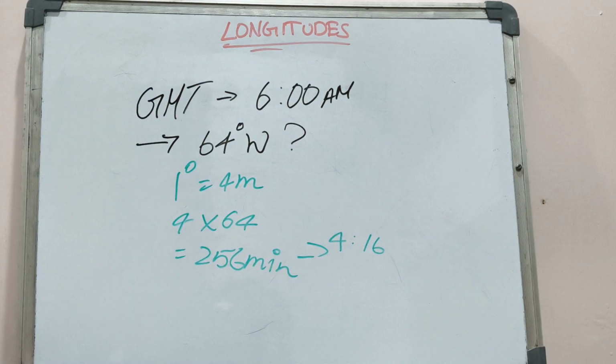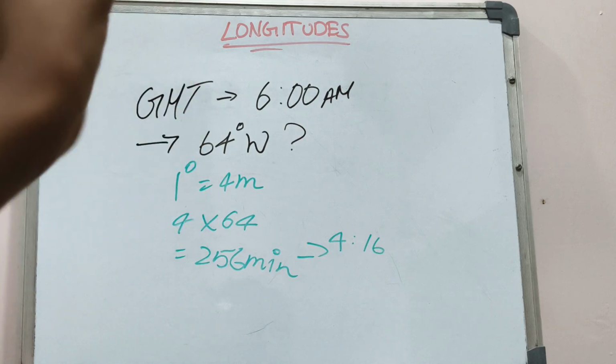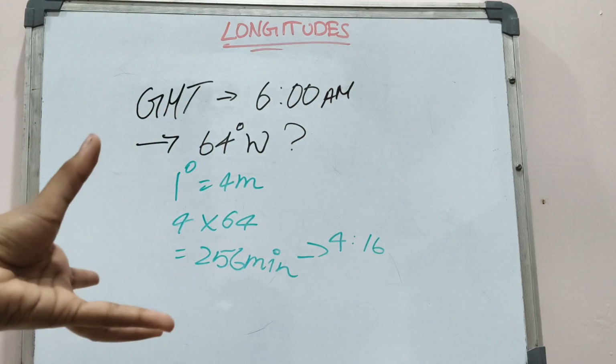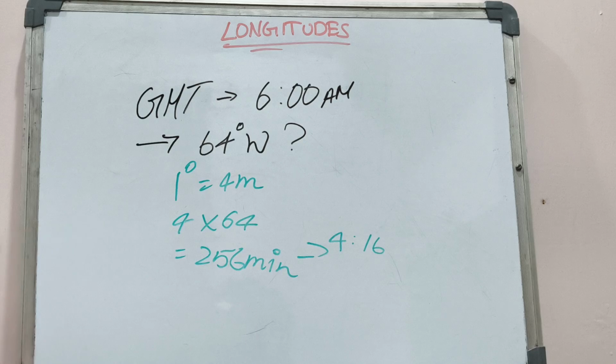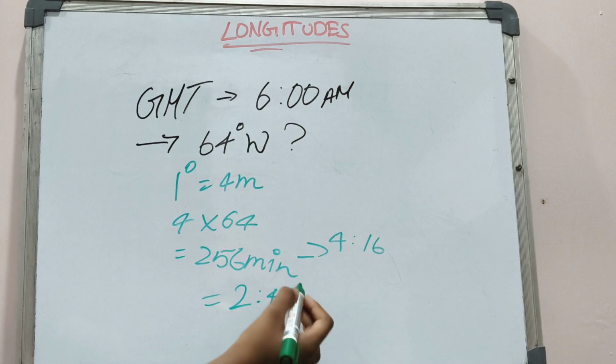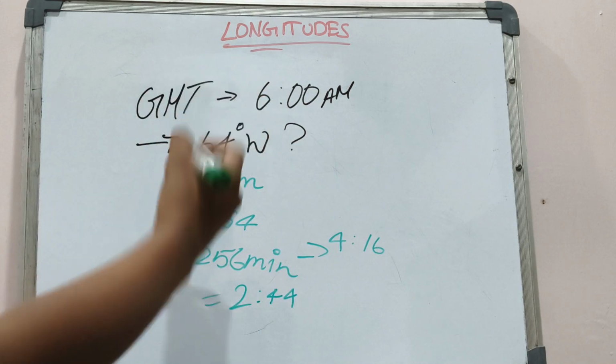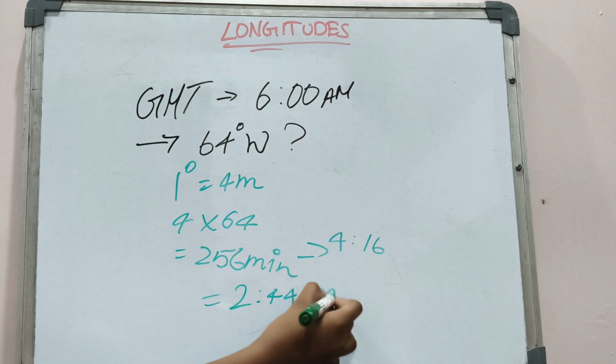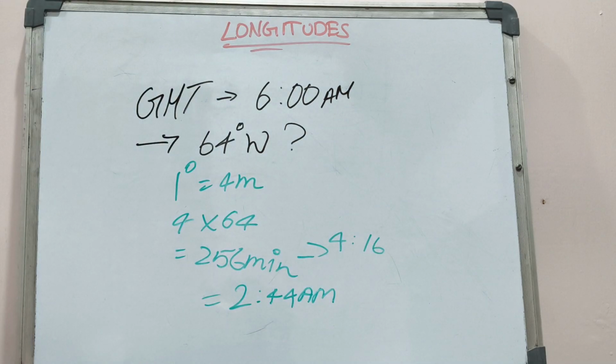If we add, we get 10 hours 16 minutes, but we have to subtract, so we get 1 hour 44 minutes, which is a.m. So the 64th degree west longitude is behind by 4 hours 16 minutes from the prime meridian.